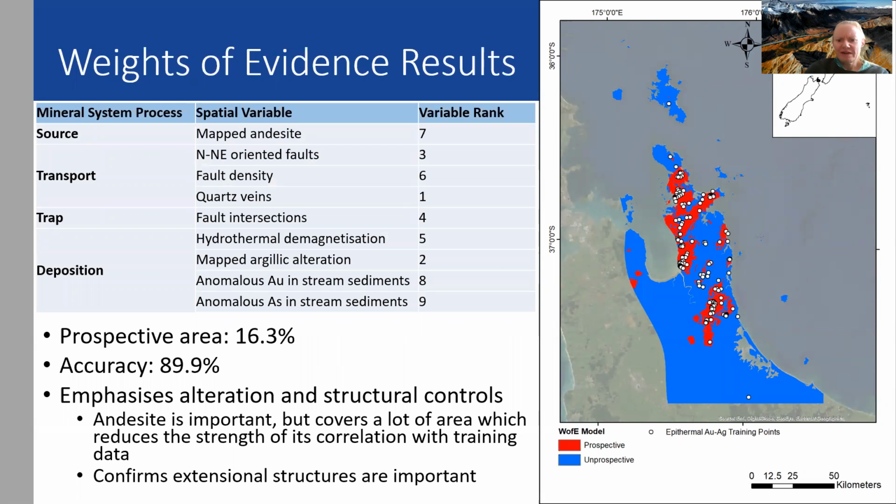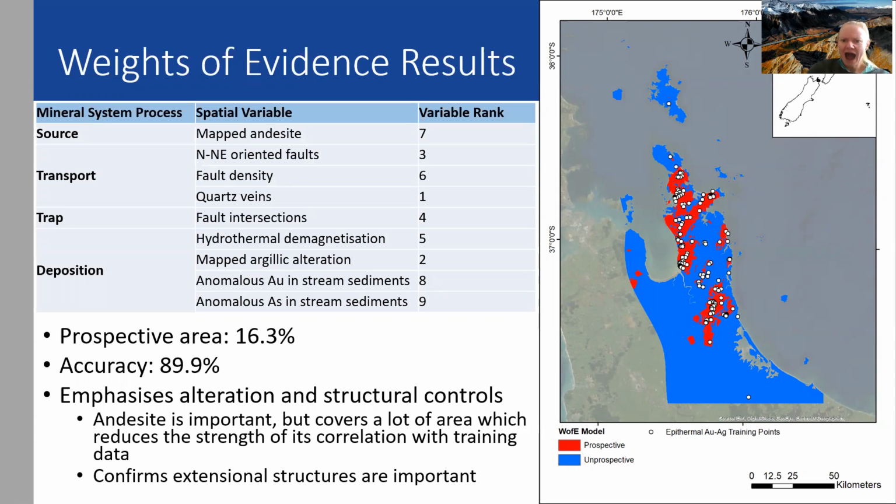So looking at the weights of evidence results, the map here is classified into prospective and unprospective area, and we can see the epithermal gold training points plotted over the top. In the table here, we can see the different spatial variables or predictive maps that have gone into our mineral potential map and how they relate to the different mineral systems processes. The variable ranks here are based on the statistics, and so the maps that have the strongest correlation have a higher variable rank.